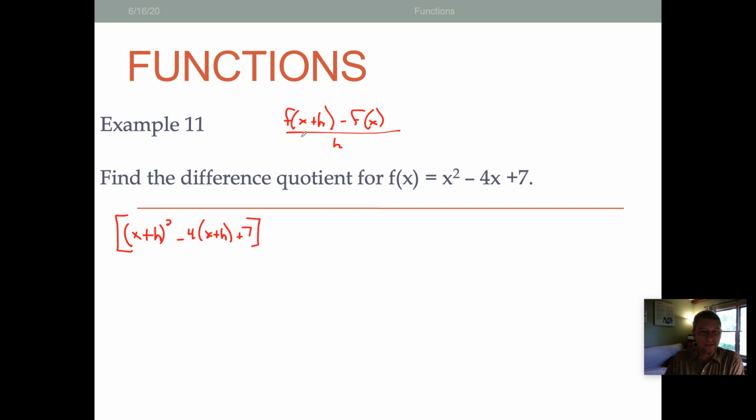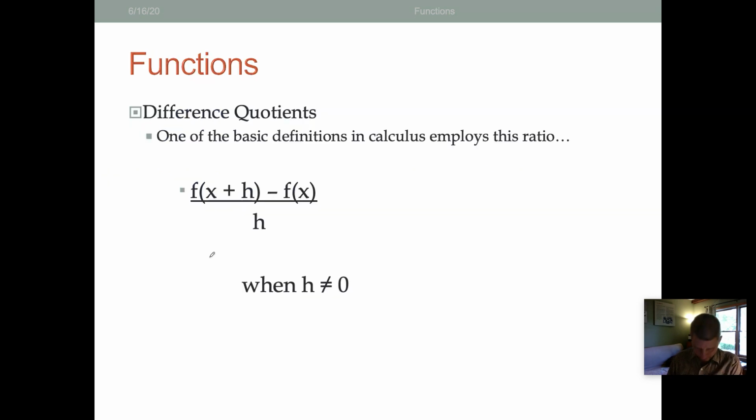Okay, and that's f of x plus h, minus x squared minus 4x plus 7, all divided by h.